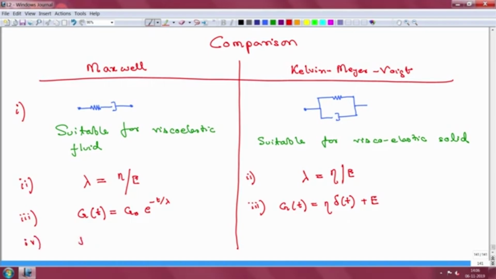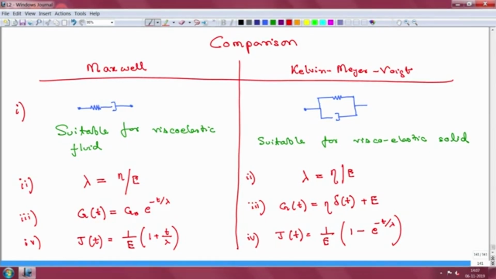Finally, your creep function for this was 1 by E times 1 plus t by lambda, whereas for the Kelvin model you instead had a function that exponentially achieves an asymptotic value, right.